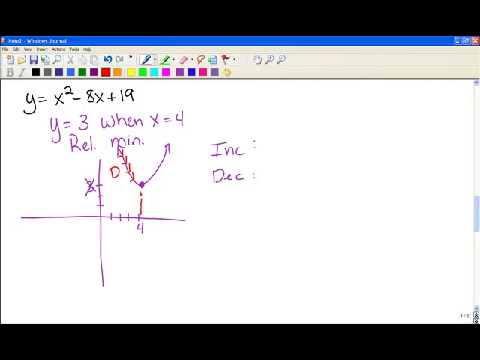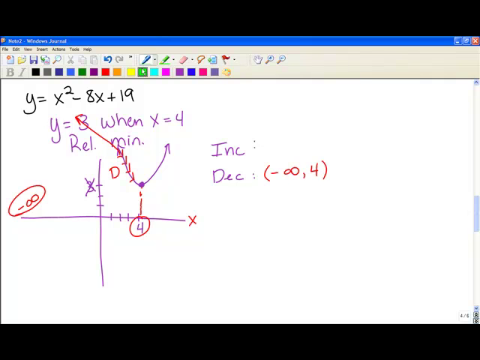Now, where is it coming from on the very left side? Well, it keeps on going forever this direction, so it's coming from negative infinity on the left side of the x-axis. So it's coming always from negative infinity if you have an arrow going to the left. And it comes over at 4. So this is decreasing, negative infinity, comma 4.